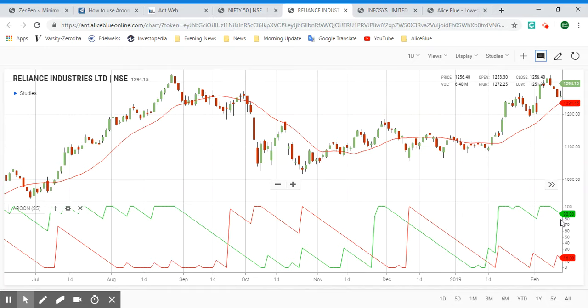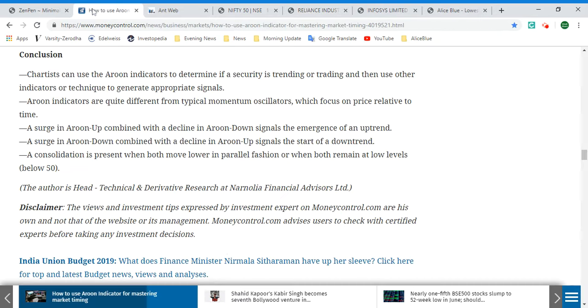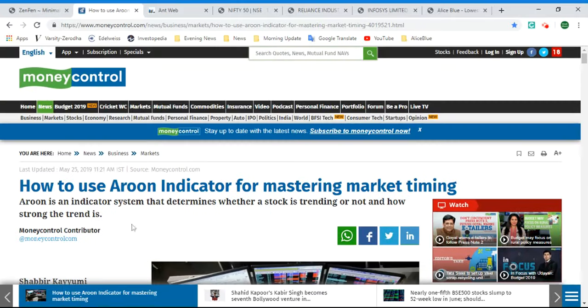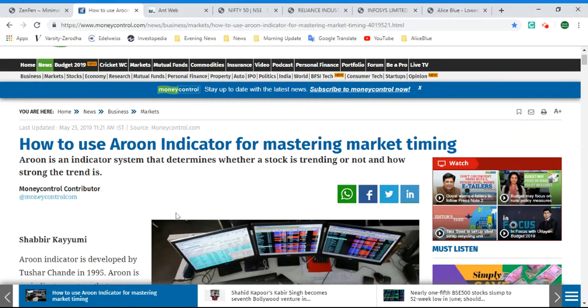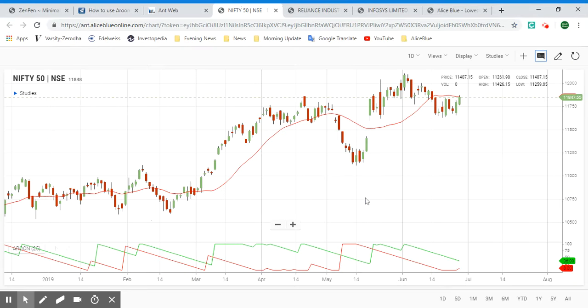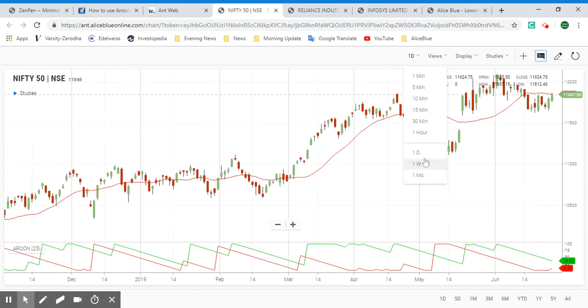We should look at some more data to understand this better. So that's how you can use the Aroon indicator for understanding the market timing, to time your entry and your exit. You can use this indicator in your daily chart or in an hourly or 30-minute chart based on your trading strategy and apply this to make better trading decisions.